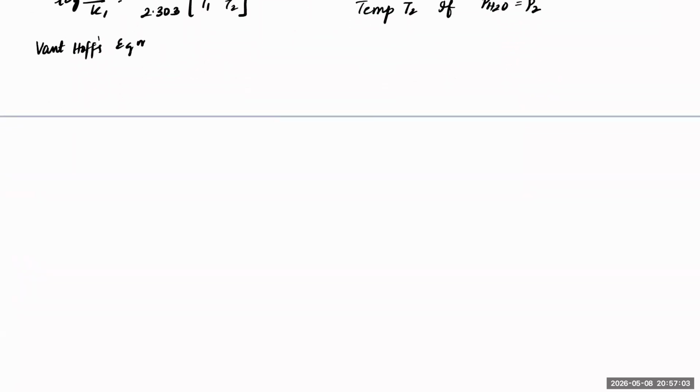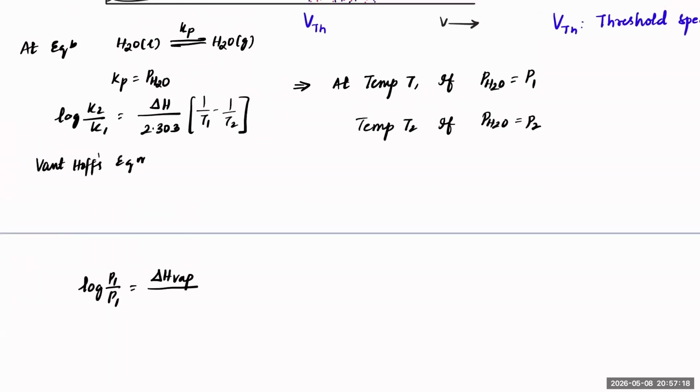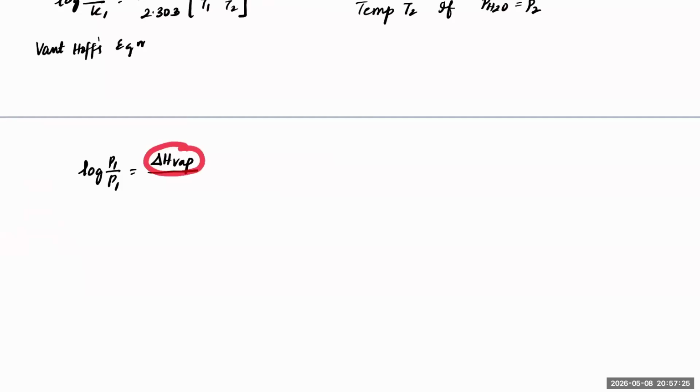Hence, we can write ln P2 by P1 is equal to delta H of vaporization, because this particular form of enthalpy where liquid is converting into gas at equilibrium is called vaporization, delta H of vaporization by 2.303 R into 1 by T1 minus 1 by T2.